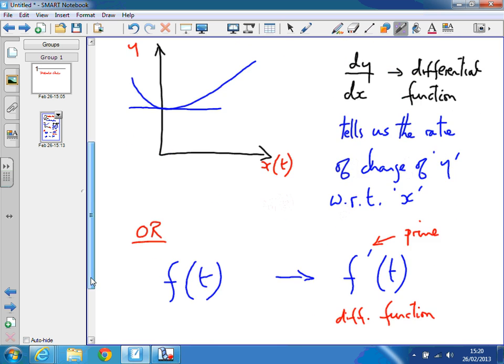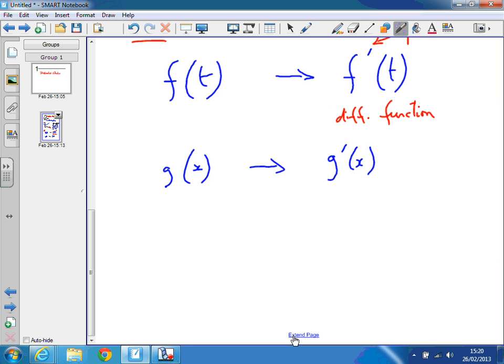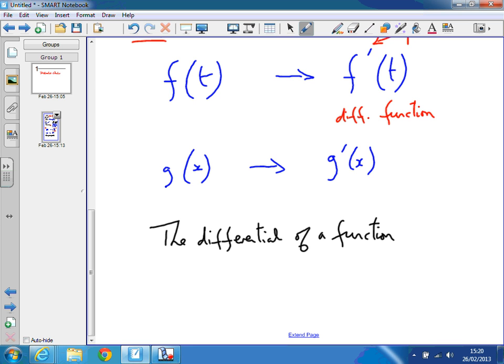So the differential of a function gives the gradient at a point. And that's important, at a point.